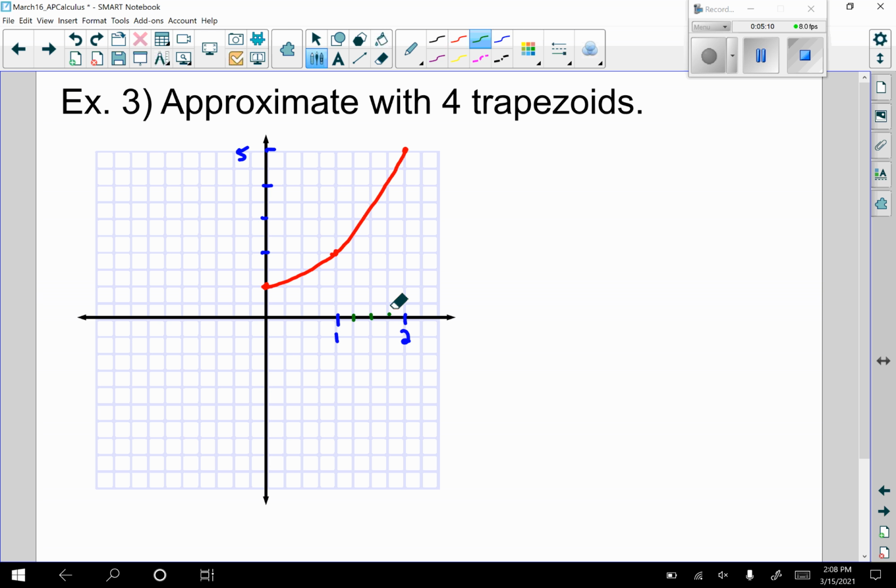So that means I need these 4 subintervals here, and we'll figure out the ordered pairs in a second.